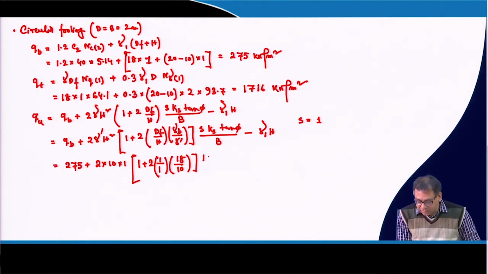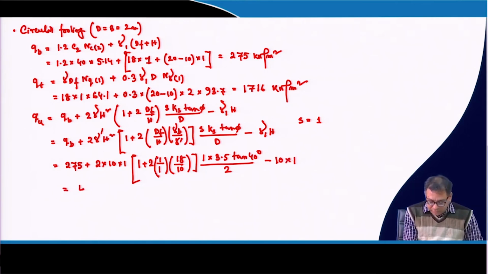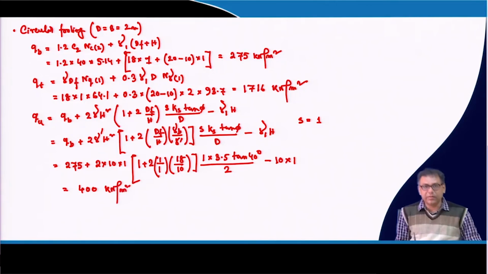So, this is one conservative solution, then this is 3.5, then tan 40 degree divided by 2. I should write this is also B or D, so this is 2. Yeah. So, then minus 10 into 1. So, this value is 400 kilonewton per meter square.